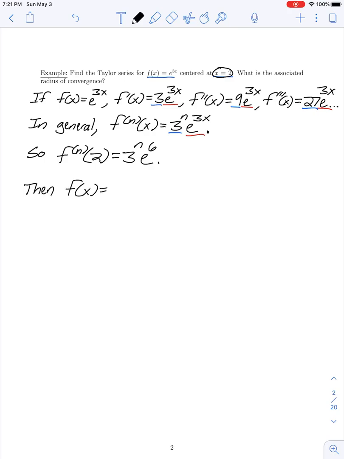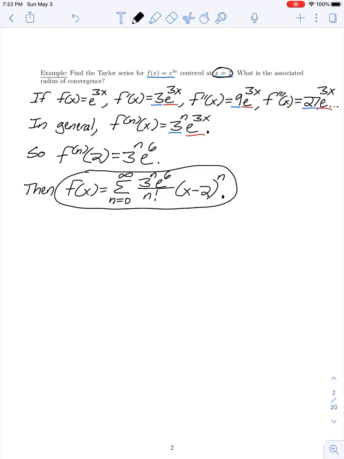In this example, f of x is the sum from n equals 0 to infinity of the nth derivative evaluated at 2, which we just found to be 3 to the nth power times e to the 6th, divided by n factorial, times x minus a, which in this case is x minus 2 raised to the nth power. So this would be the Taylor series for that function centered at 2.